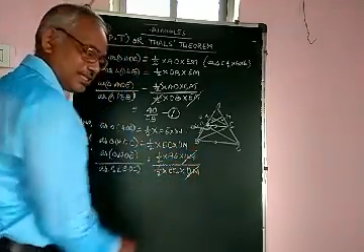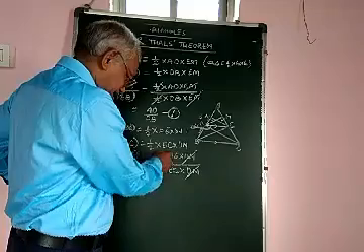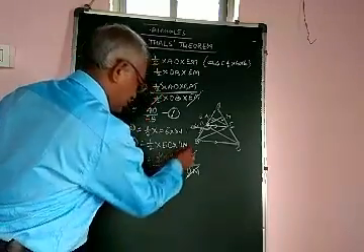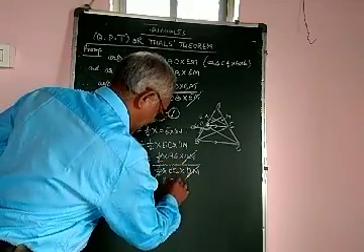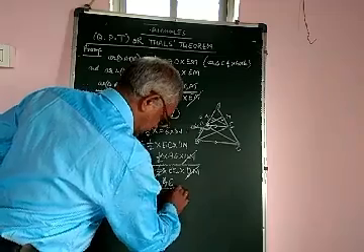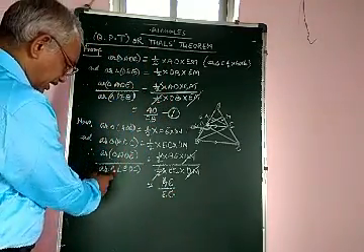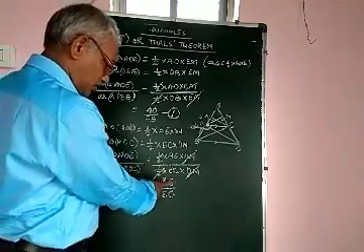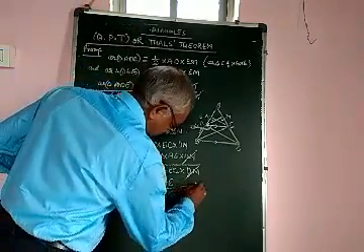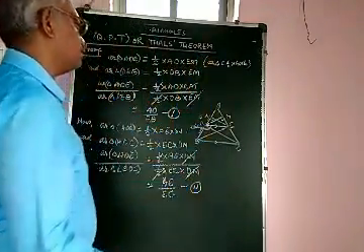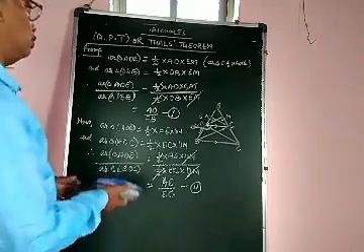Now this is cancelled and this is cancelled. So this is equal to AE upon EC, and this is equation number 2.